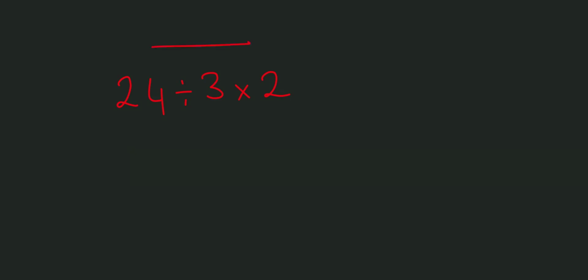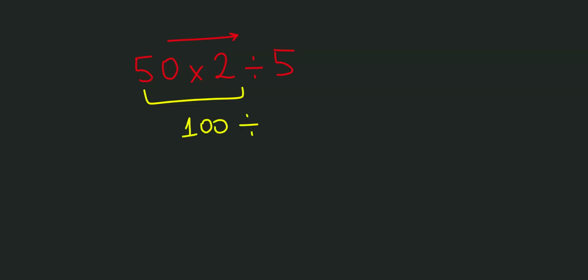So from left to right, there's division first. So we take care of the division at the first stage. 24 divided by 3, 8 times 2 equals 16. So the answer is 16. So first we divided 24 by 3, and then we multiply 8 with 2, and we get 16.